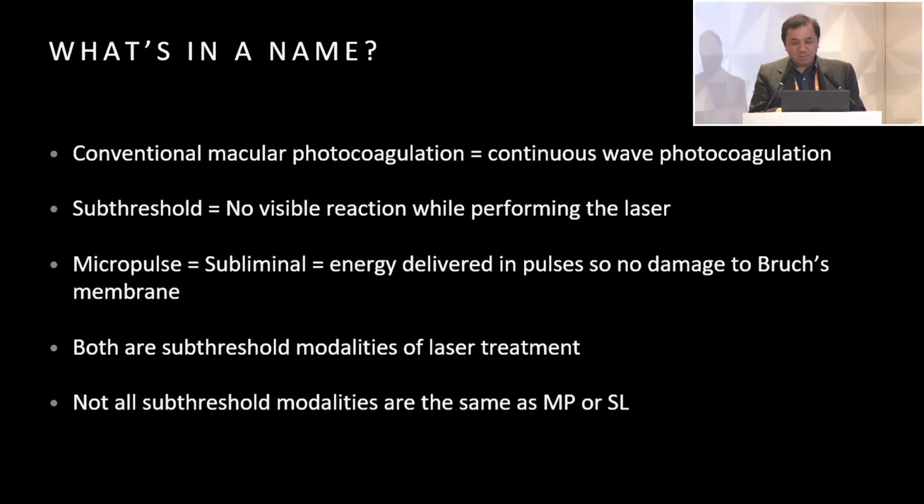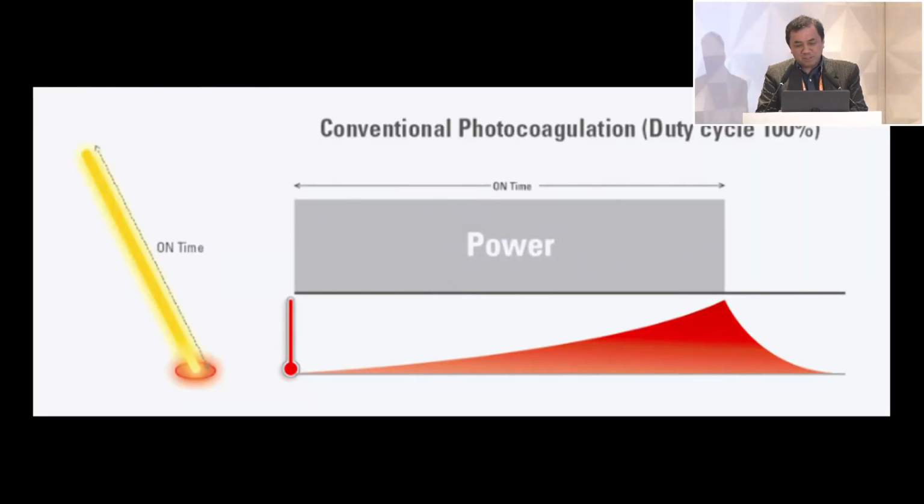And the idea is to deliver energy in pulses so no damage to Bruch's membrane is going to happen. Both of these are subthreshold modalities of laser treatment, but not all subthreshold modalities are the same as micropulse or subliminal. So here's an illustration, a cartoon of what conventional photocoagulation is.